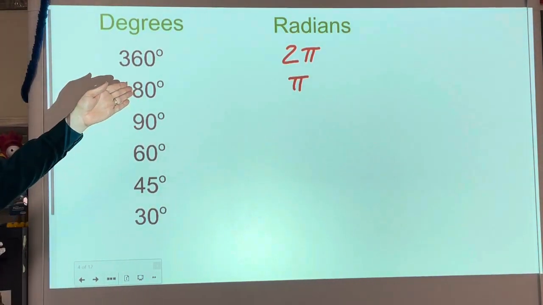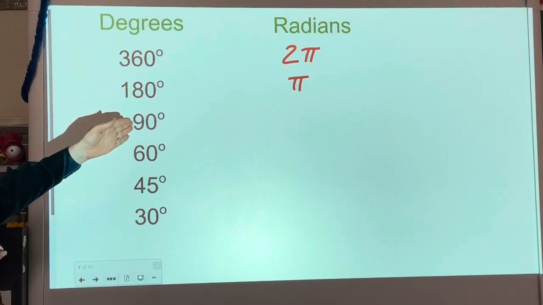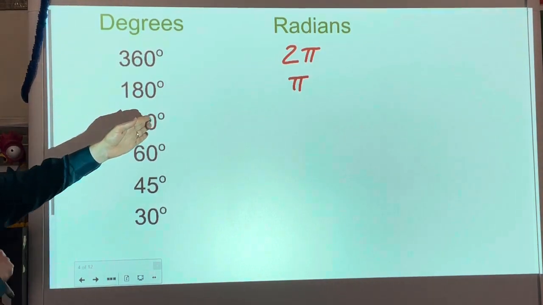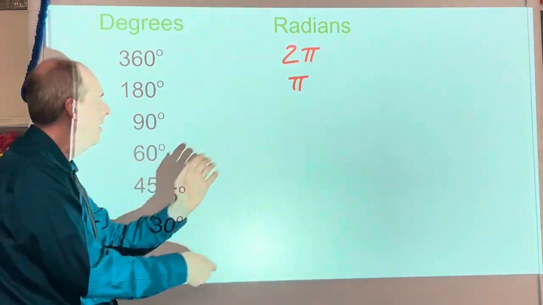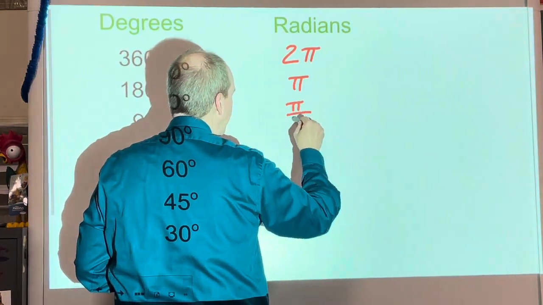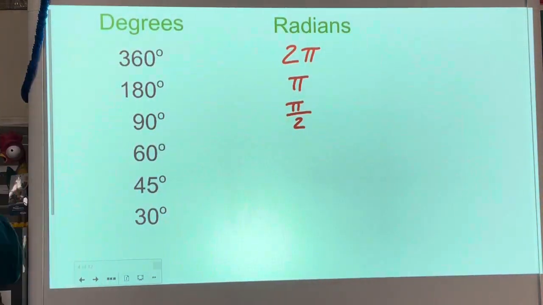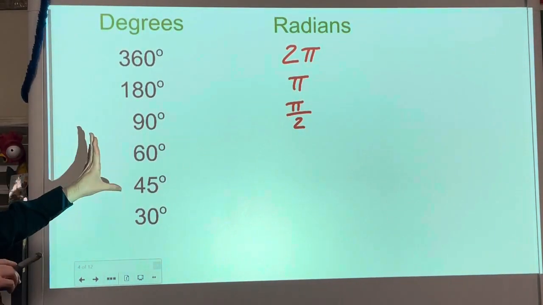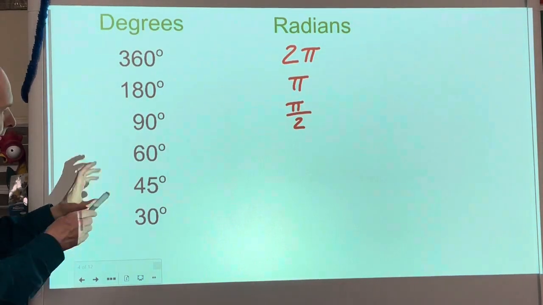What's half of 180? Well, that's 90. So can we take half of pi? We'll get pi over 2. Well, what's half of 90? If you're saying 45, you're right.